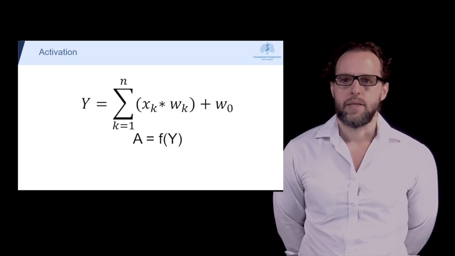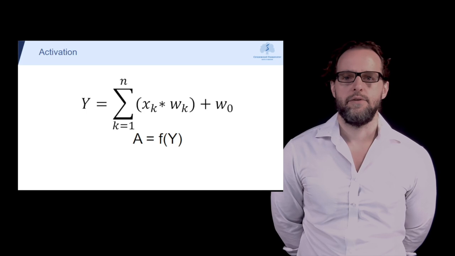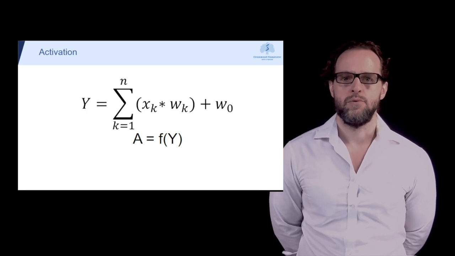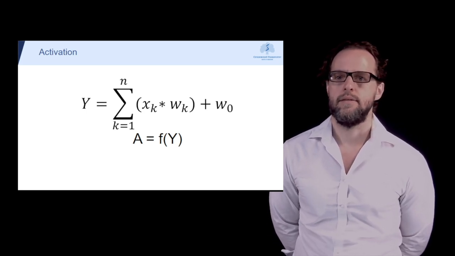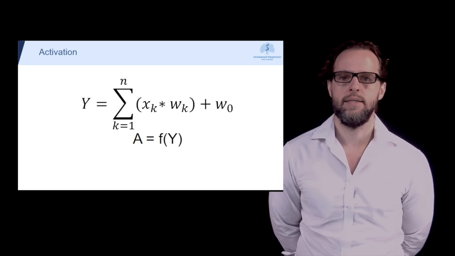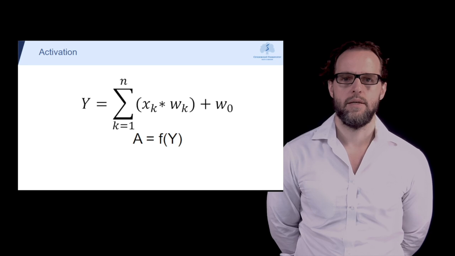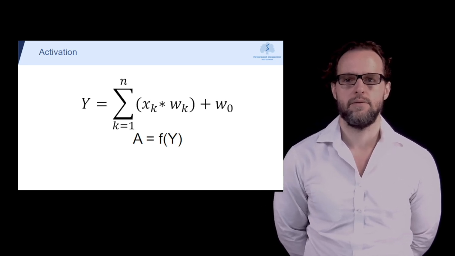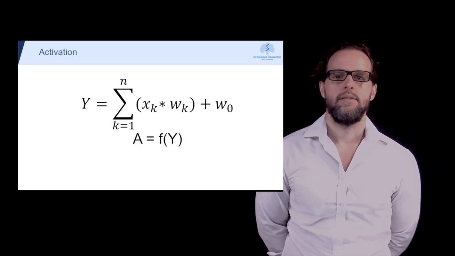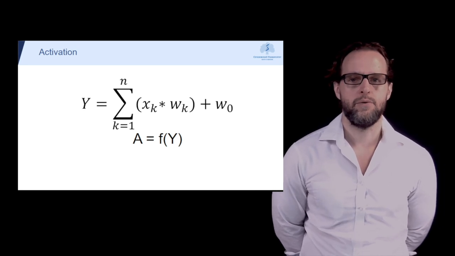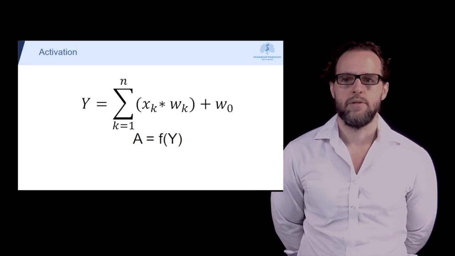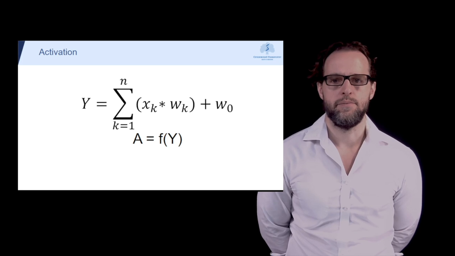Activation function. What does an artificial neuron do? In simple terms, it calculates the weighted sum from its inputs, adds an offset, and decides whether this value should be excluded or continued.